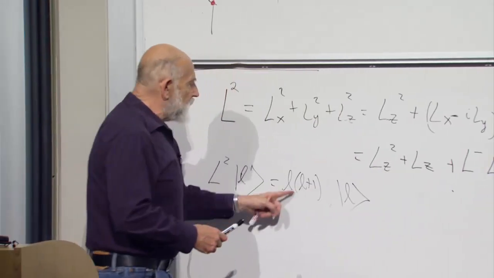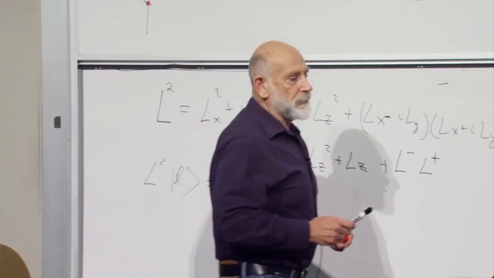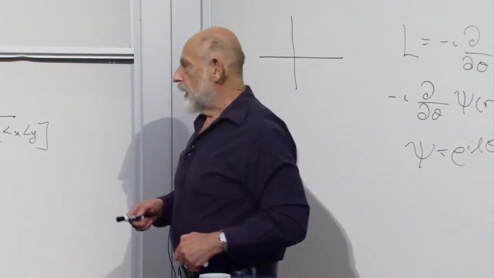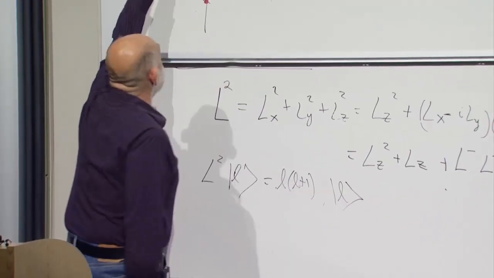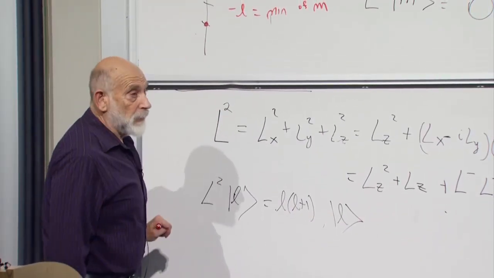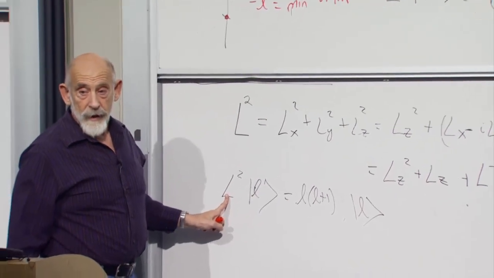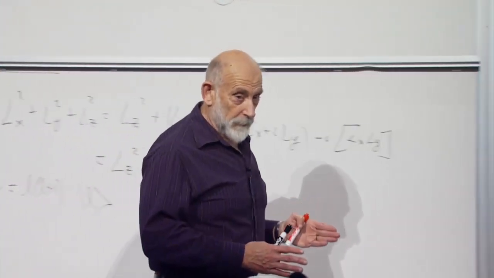It's not just l squared, it's l times l plus 1. But then there's another surprise, and this is a nice little exercise for you to do yourself. It's very easy, but I'll let you work it out yourself. Every one of these states in this same multiplet has exactly the same value of L squared. They all have the same magnitude for the square of the angular momentum.